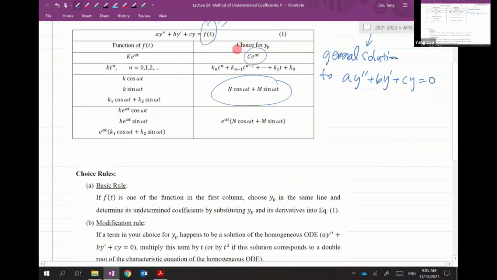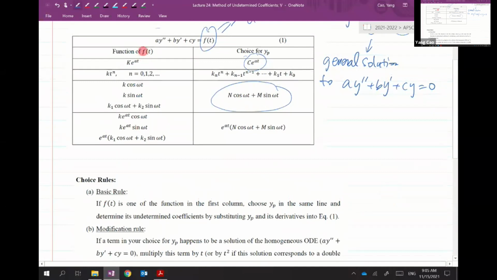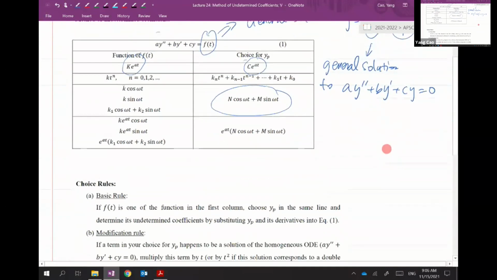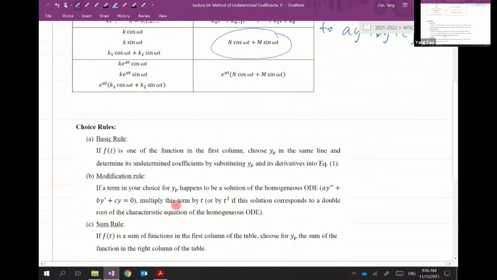Now, the modification rule means that sometimes, particularly with this term here, if the basis for your YH duplicates your choice for the YP, I'll give you an example next, then you have to multiply by a t to differentiate it from your basis of the solution.